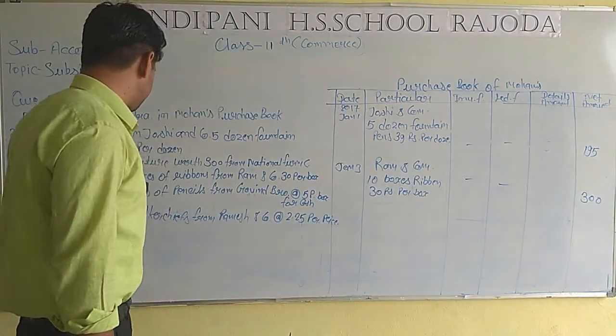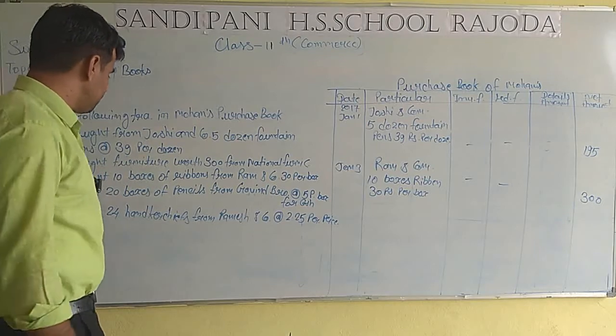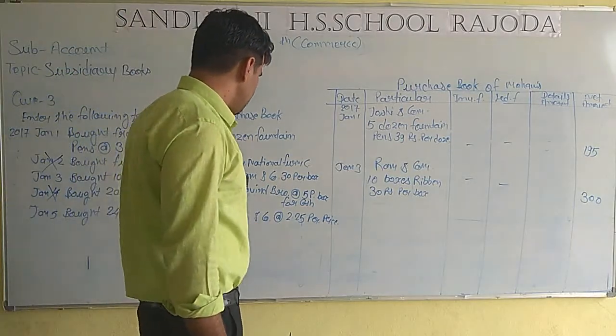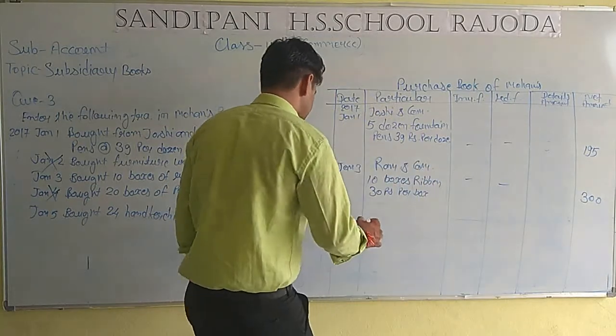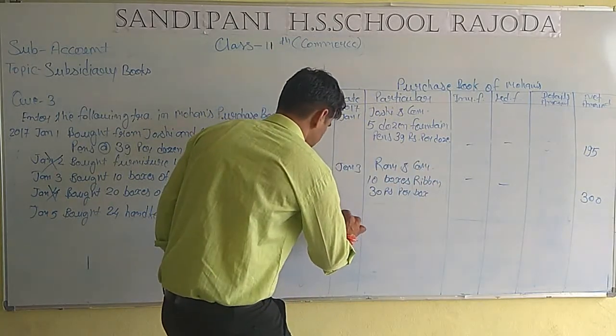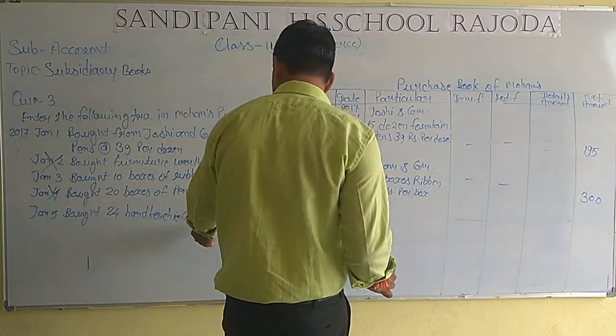Then 5th January, bought 24 handkerchiefs from Ramesh and Company at 2.25 per piece. January 5th, from where?